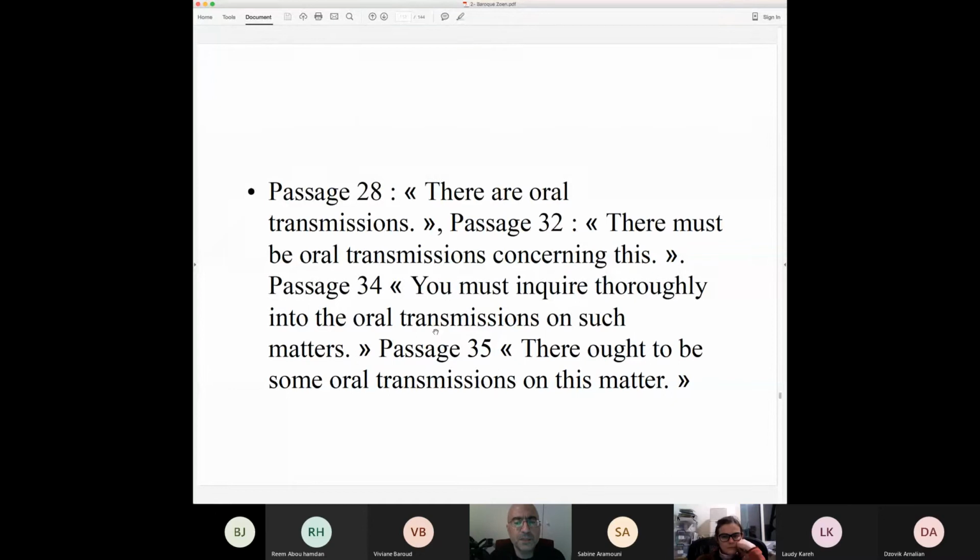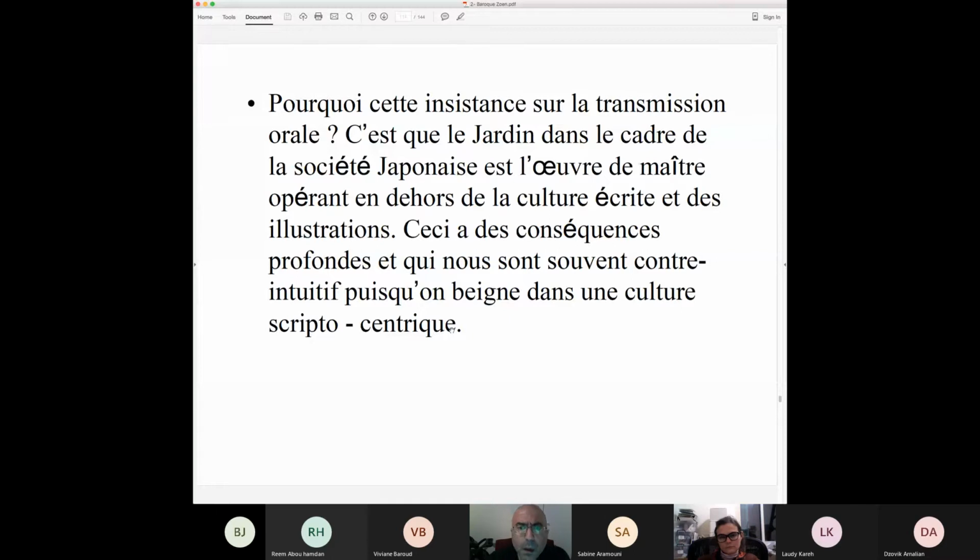Passage 35, there ought to be some oral transmissions on this matter. For us, it's very weird. It seems to say the oral transmission is more important than the written, and this is precisely what it says.